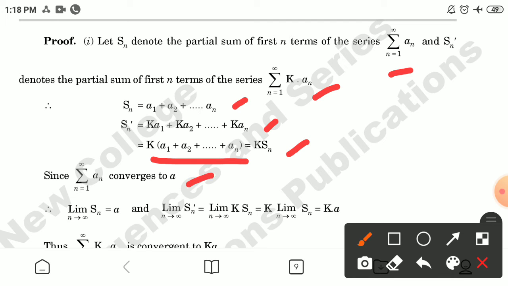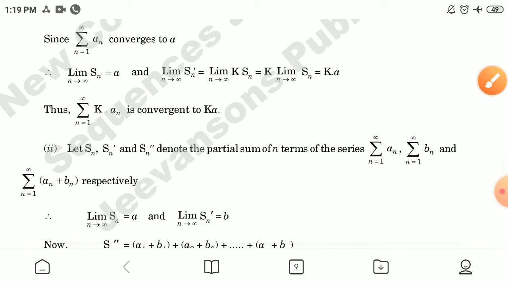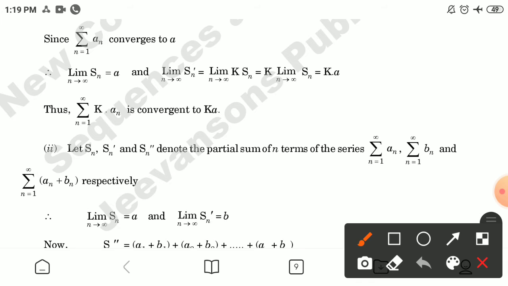Summation an converges to a. Therefore, the limiting value of Sn is equal to a, and the limiting value of Sn dash is equal to the limiting value of k Sn. K is a constant quantity, we take it outside the limit, therefore this is ka. Thus summation kan is convergent to ka.